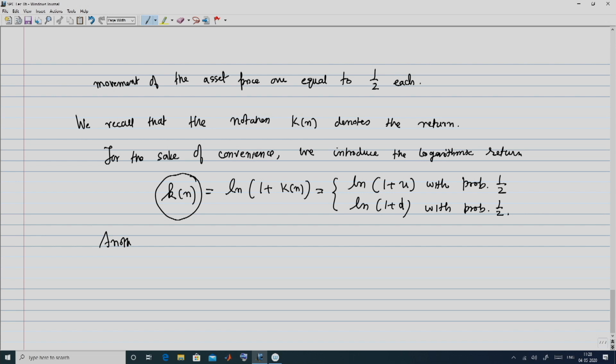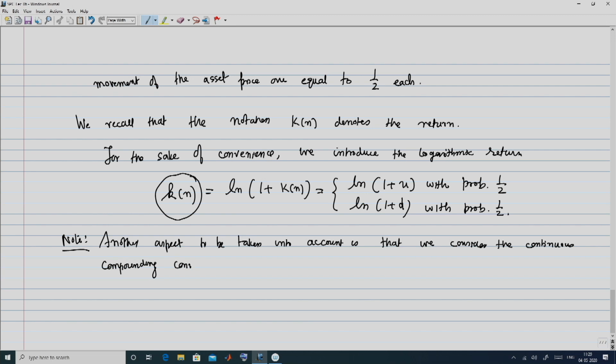Now, another aspect, so I will make another observation here. So, another aspect to be taken into account is that we consider the continuous compounding convention.